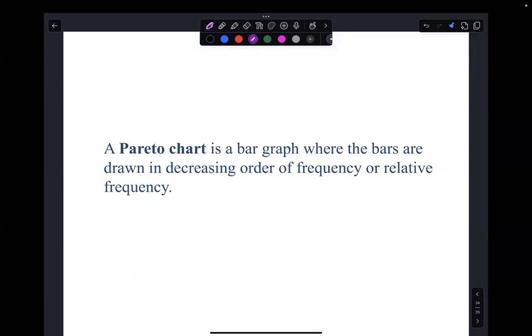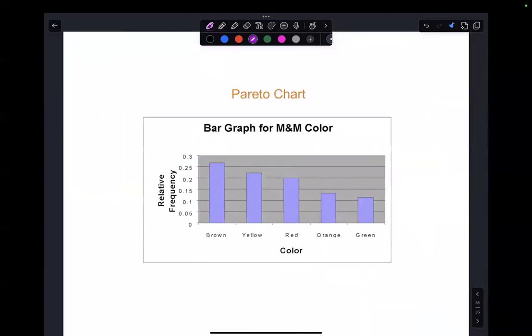But it is something that I'm supposed to show you. So all I did was reorganize it, so the tallest one is on the left and the shortest one's on the right. So it's aesthetics, only for categorical data, but some people find it aesthetically pleasing. So there you go.